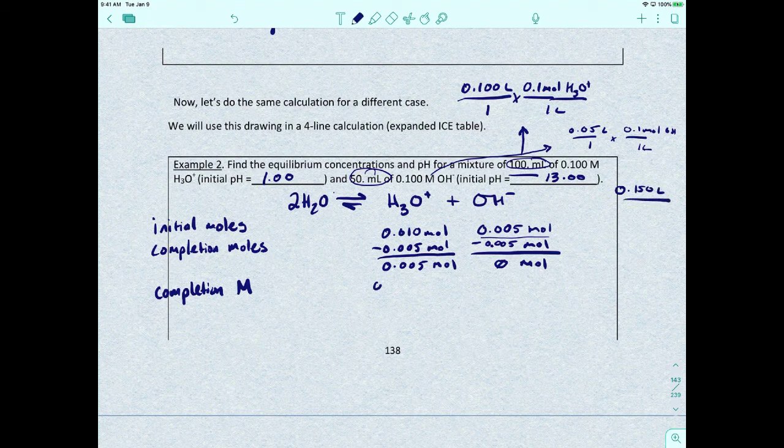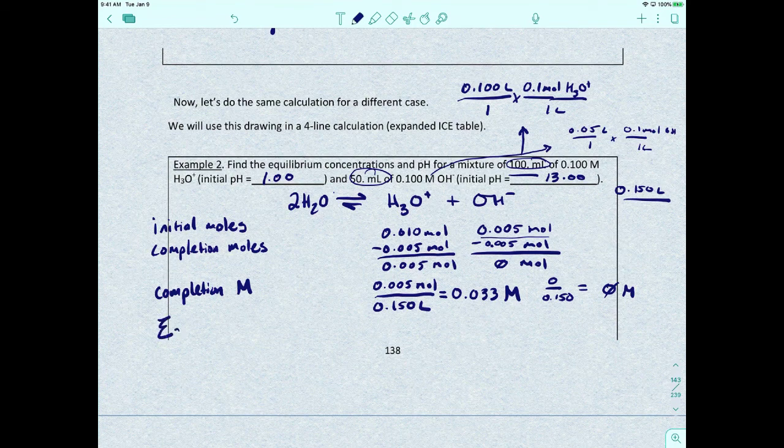We take our moles, 0.005 moles, and divide by 0.150 liters, which gives us a concentration of 0.033 molar. And if we take 0 divided by 0.150, that gives us 0 molarity. So those are the completion molarities.